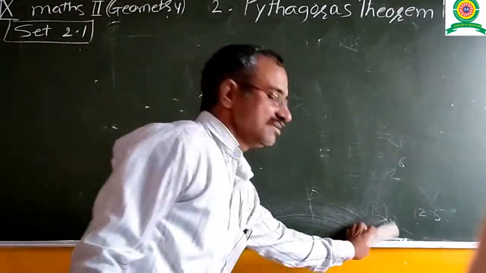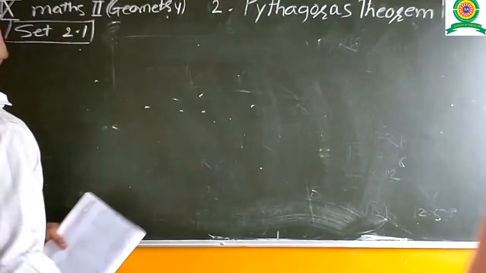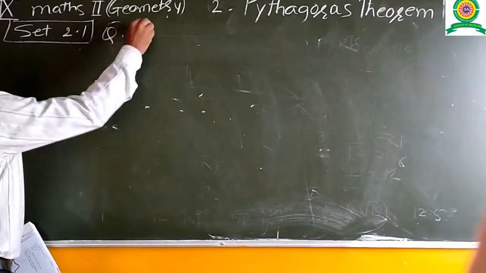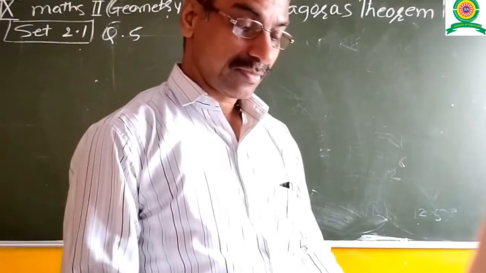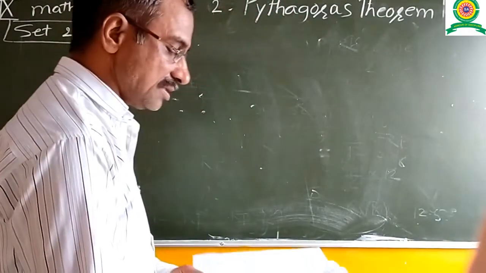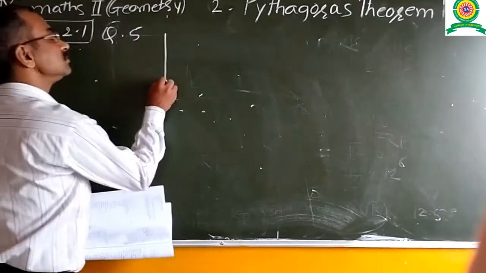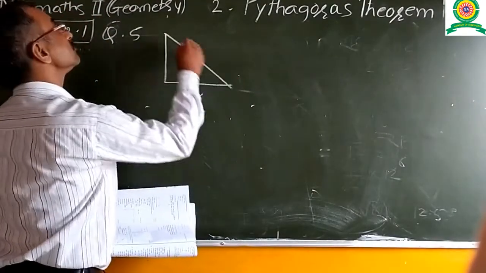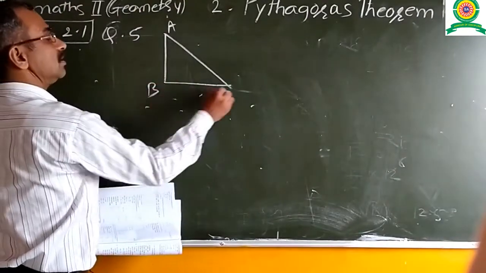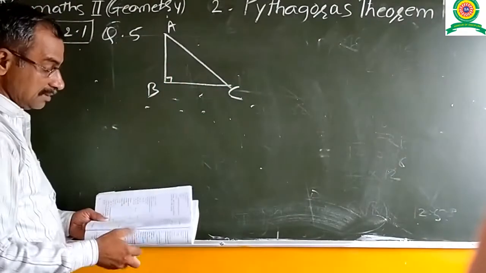Then question number 5. This is also a diagram-based question. Triangle ABC is a right angle triangle.